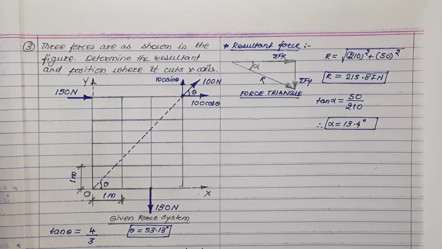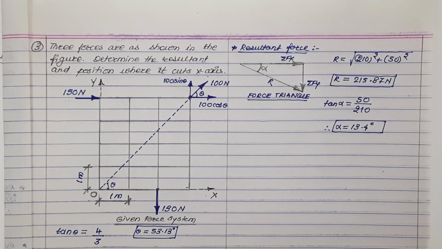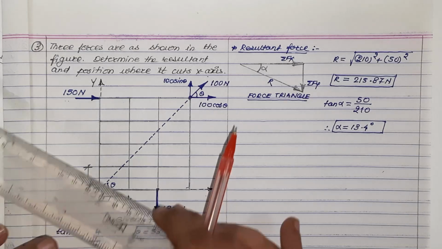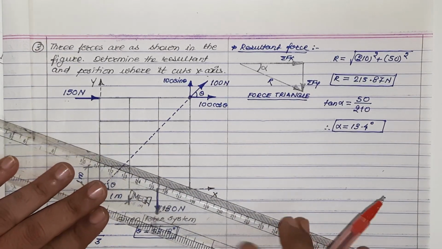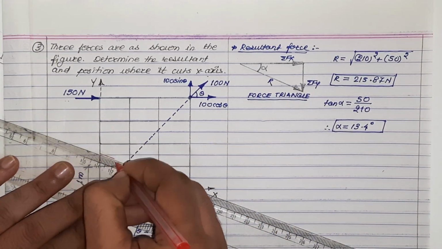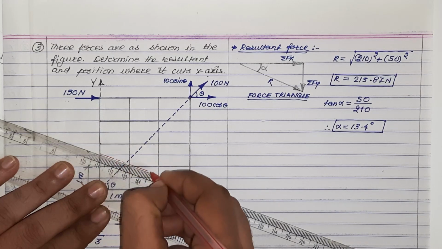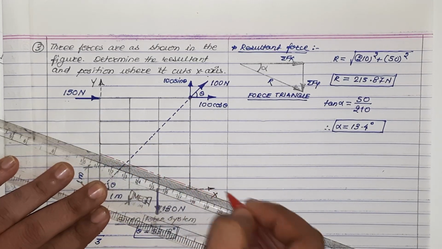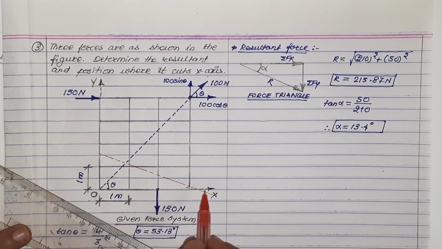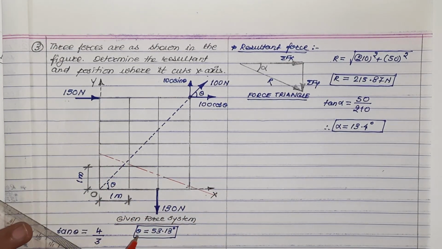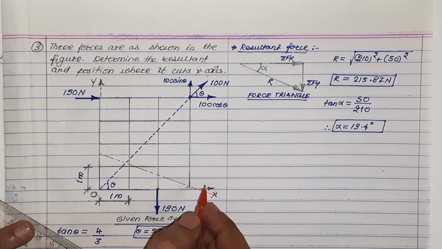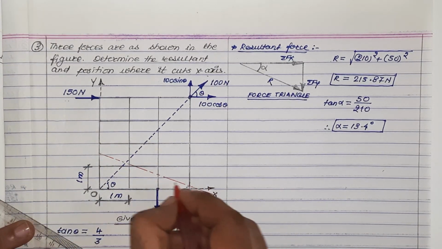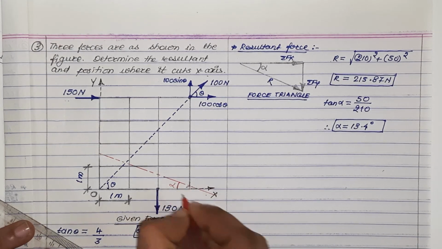Okay, so here this line of action we can impose on this grid. Let us impose that. Thus, the resultant of these three forces may be going in this way. So this is going to be its line of action. So this red line indicates its probable line of action. So if resultant is acting along this line of action, this angle is going to be alpha.